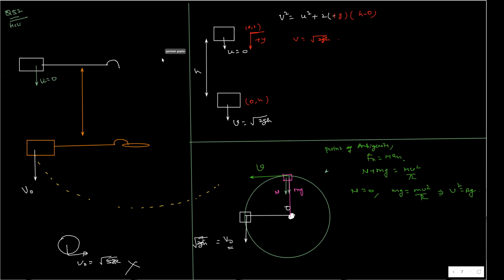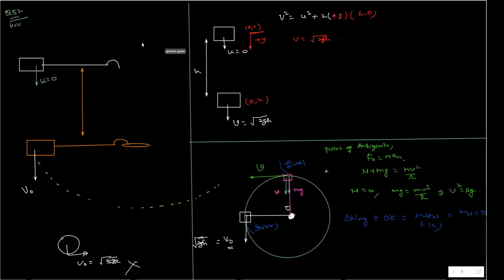Now apply energy conservation between these two positions: this is your initial position and this is your final position. So you write delta U_mg plus delta K is equal to work done by external non-conservative forces. The external non-conservative force is only the normal reaction, and its work done is 0.